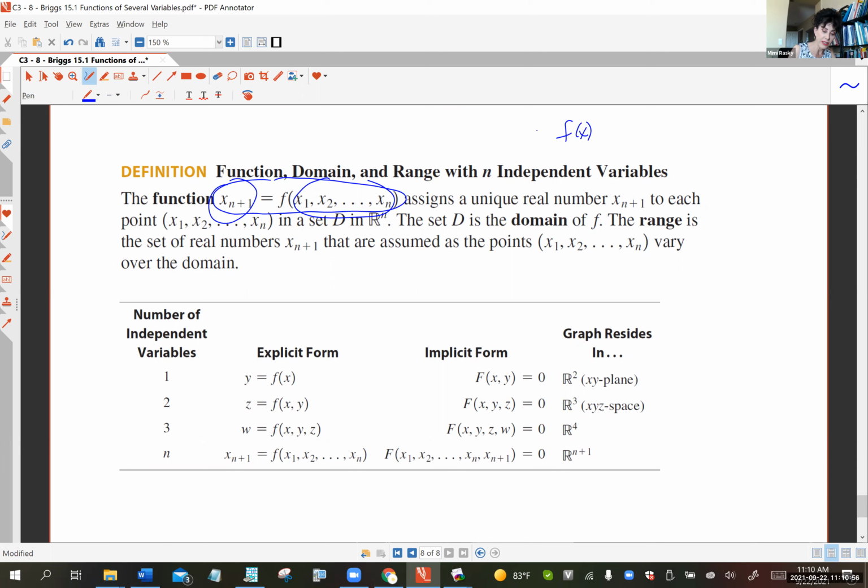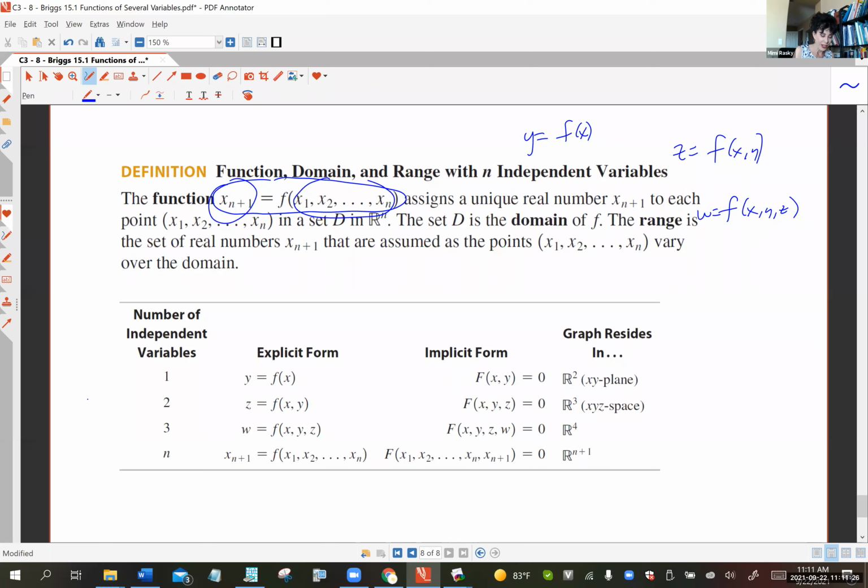Well, what's the alphabet letter that comes after x? Y. Similarly, when you have f of x, y, a function of 2 variables, what's the alphabet letter that comes after x and y? Z. So usually you name it like that. Except, what if you have f of x, y, z? There's no alphabet letter that comes after z. You're done. So typically they'll name it something else like w.